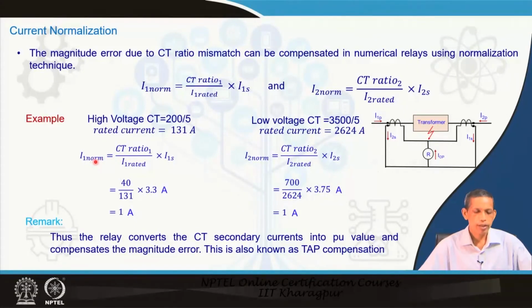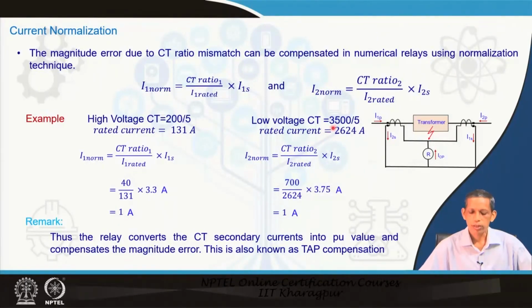So, the normalized current becomes I1s, which we have seen is 3.3 ampere, CT ratio 200 is to 5 is 40, and the rated current is 131 ampere. You remember this 3.3 ampere we found from the rated current perspective. So, this gives 1 ampere normalized current.